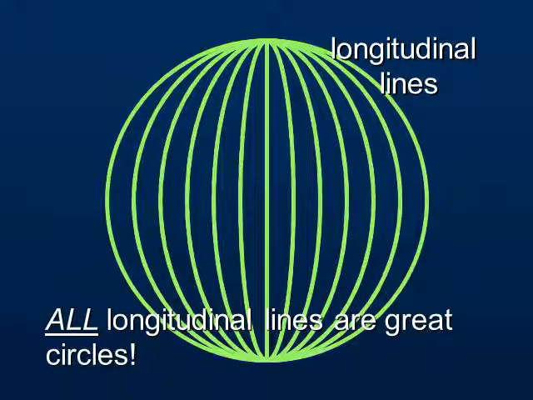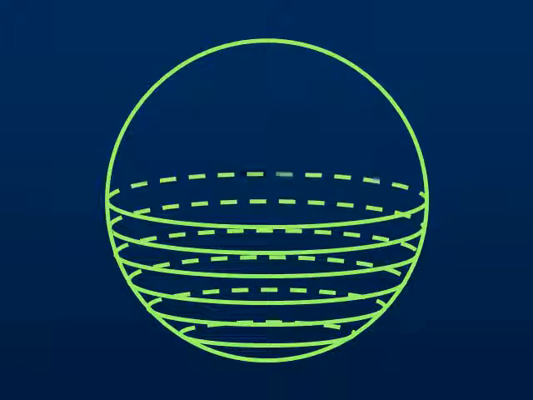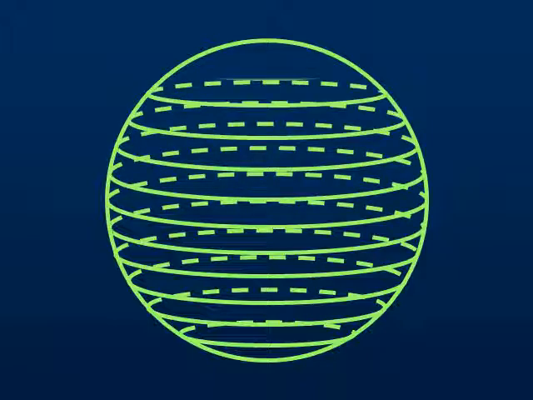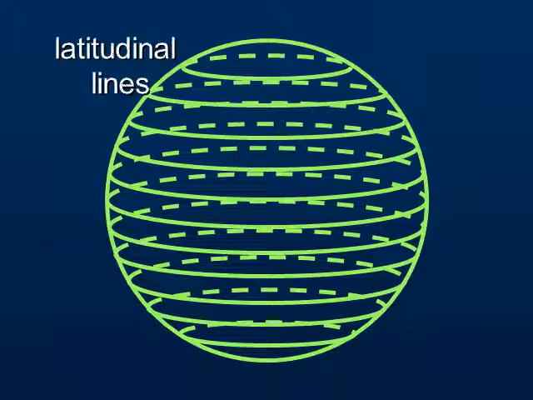Now, every longitudinal line creates a great circle. So no matter how I slice the Earth north to south, I will have a great circle. That is not true, however, for latitudinal lines.